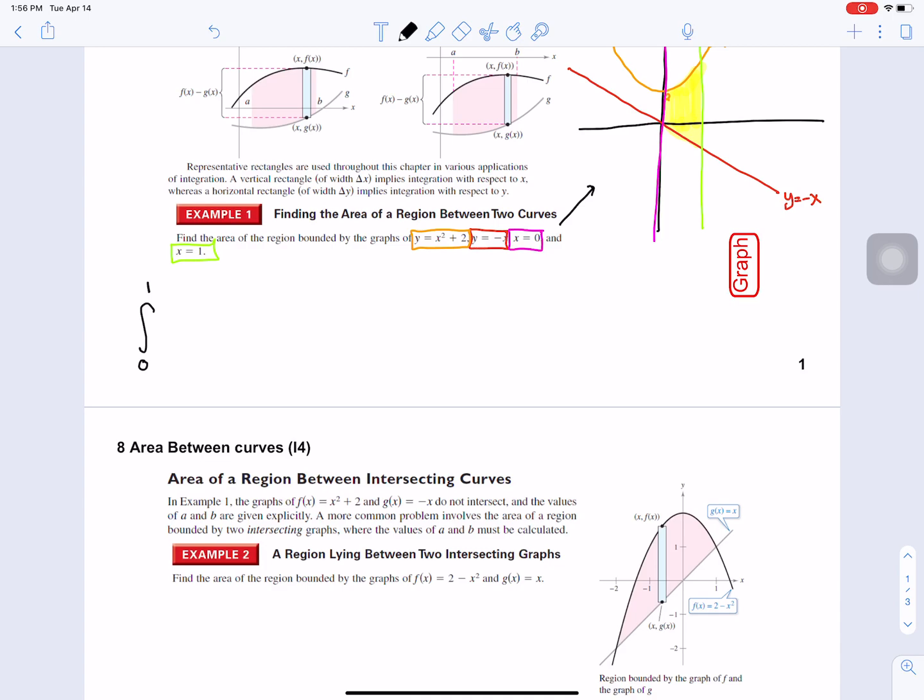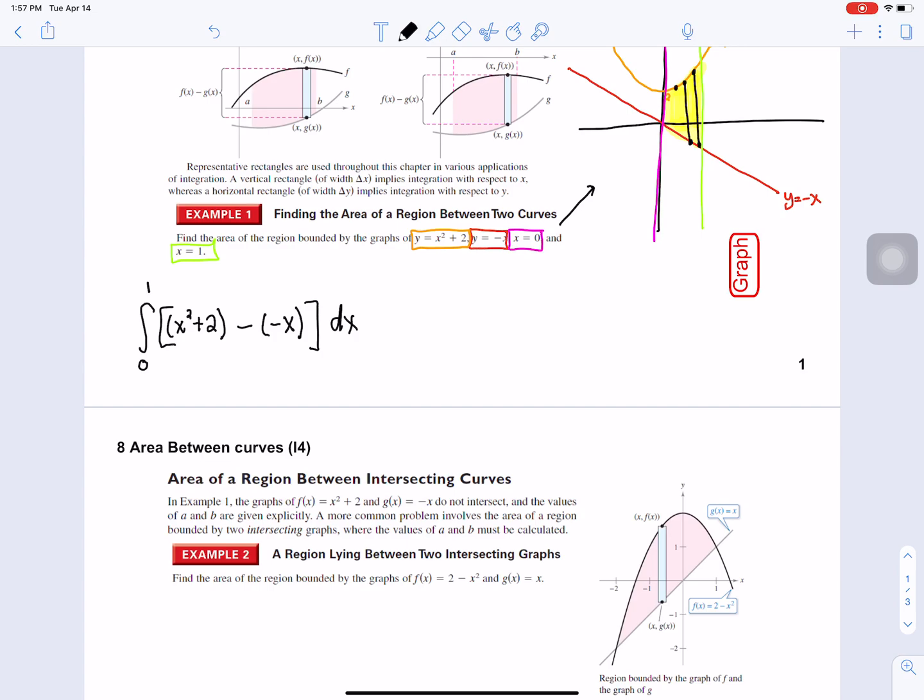We want to do the integral of the top curve, which would be x squared plus 2, minus the integral of the bottom curve, which is negative x, and we want to integrate with respect to x. Okay? So again, if you were to draw a vertical line on this yellow region, the orange function is on the top and the red function is on the bottom.